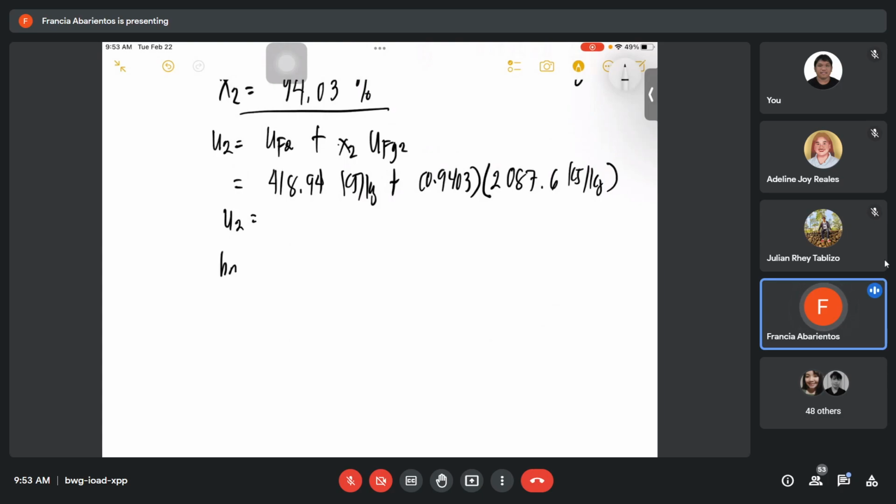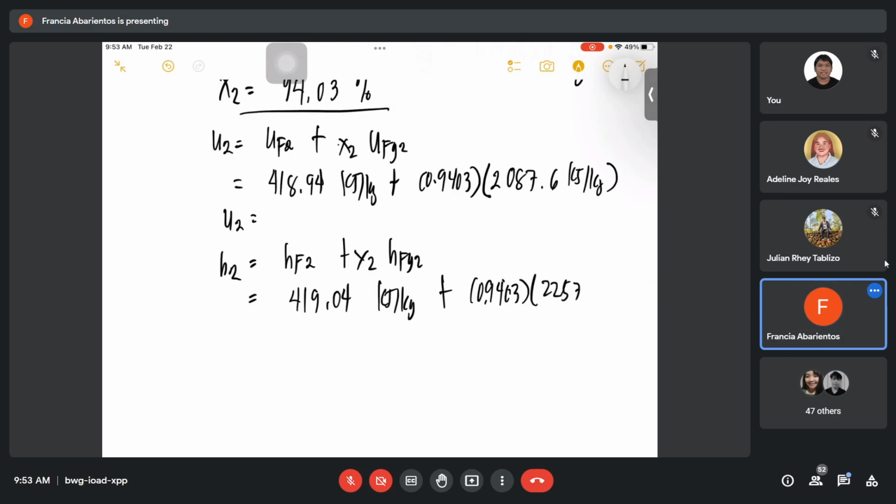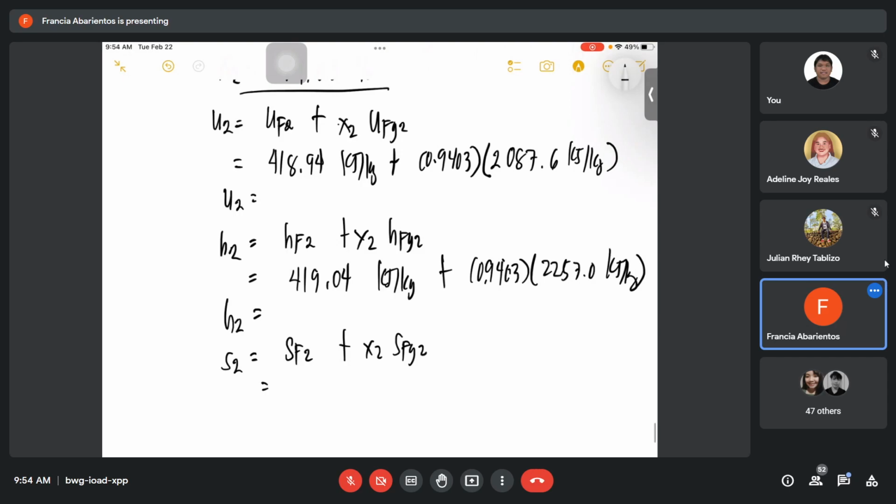While waiting for you to complete that, hanapin na natin yung sa iba. Times 2257. Now your H2 as well as the entropy at point 2. Sige nga. Pag na-solve nyo na.